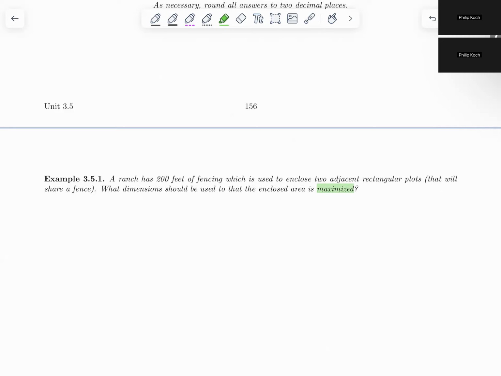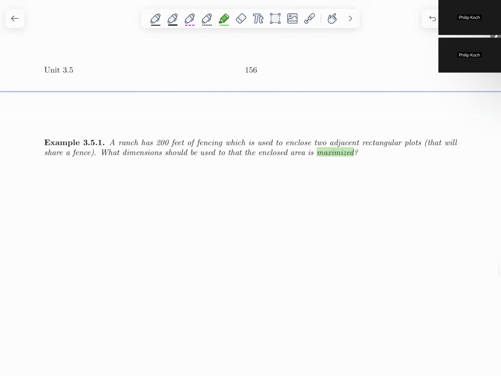So we've read it. We've identified that this is an optimization problem. Let's draw a picture. So we got this rectangular plot. I don't know why I didn't just draw a rectangle. So like this.